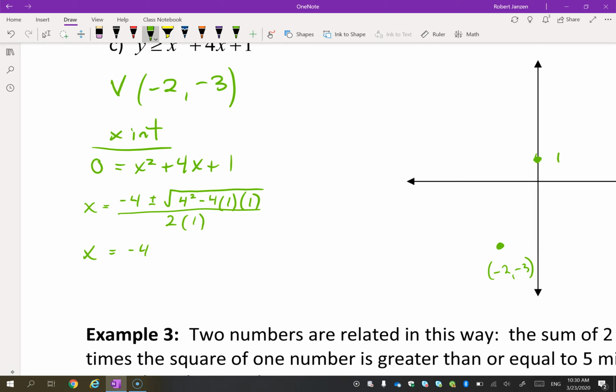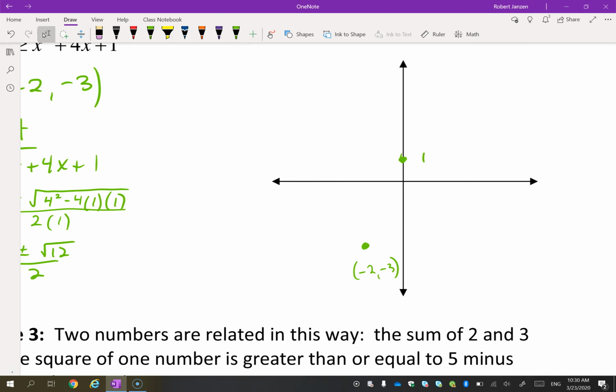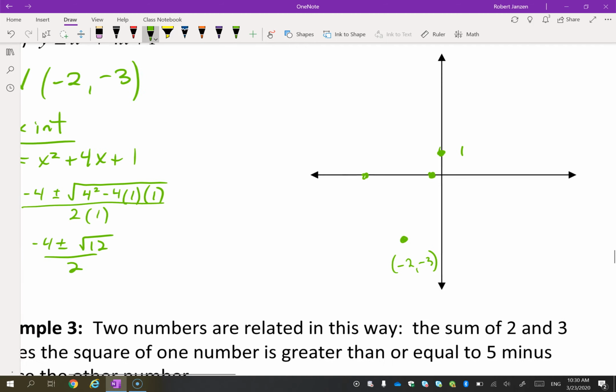So it's -4 plus or minus, and this is 16 minus 4, so the root of 12 over 2. Now you can see these are both going to be negative. So we have -4 plus root 12 over 2, and then we have -4 minus root 12 over 2.